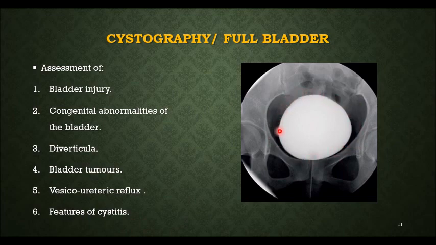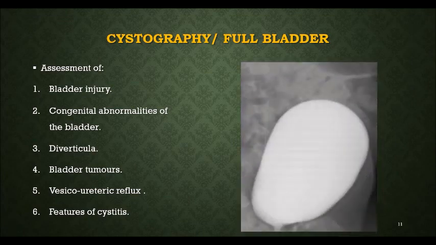You can see that the inner surface of the bladder is smooth and regular. You can see no diverticula. On this lateral view, you can see that the bladder walls are smooth and regular, no trabeculations, no diverticula, and in the areas of the ureters there is no vesicoureteric reflux. You cannot see any filling defect.